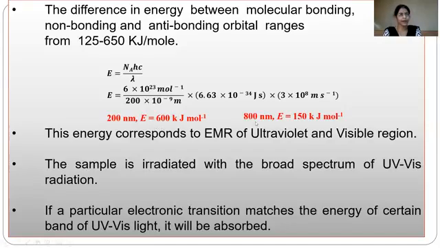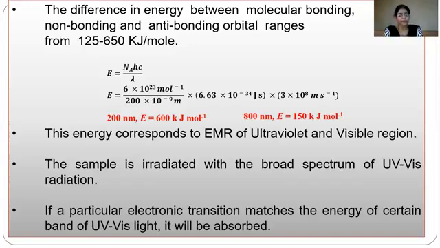And for 800 nanometer, the corresponding energy is 150 kilojoule per mole. So this amount of energy can excite the electron from a lower energy state to a higher energy state. We can say this energy, 150 to 600 kilojoule per mole, corresponds to the electromagnetic radiations of ultraviolet and visible region.